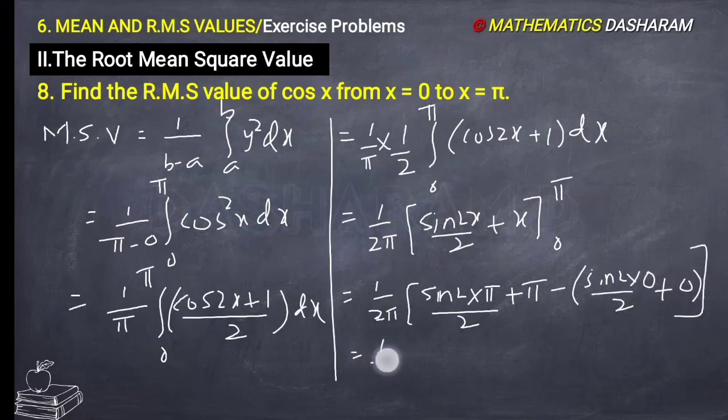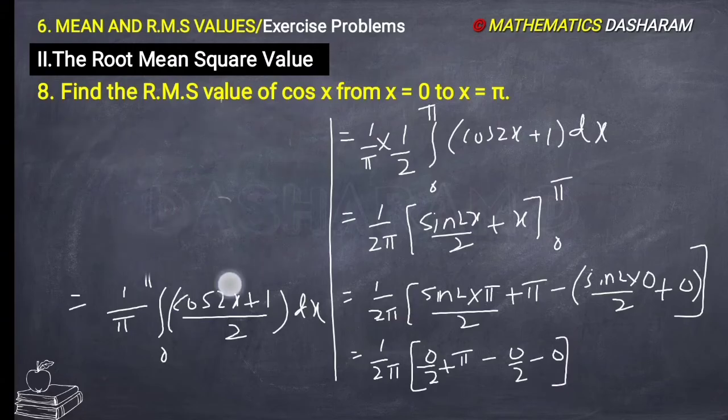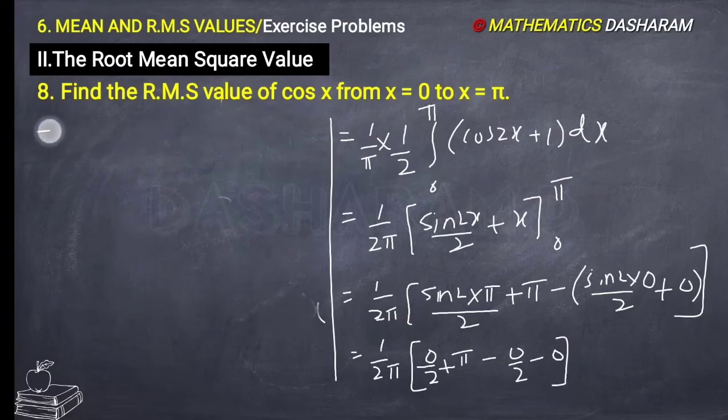It is equal to 1 by 2 pi. Sin 2 pi value is 0 divided by 2 plus pi, minus sin 2 into 0 is sin 0 value 0 divided by 2 minus 0. It is equal to 1 by 2 pi, and its overall answer is pi.